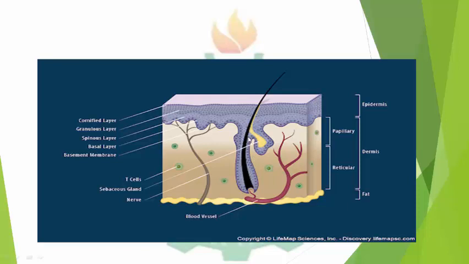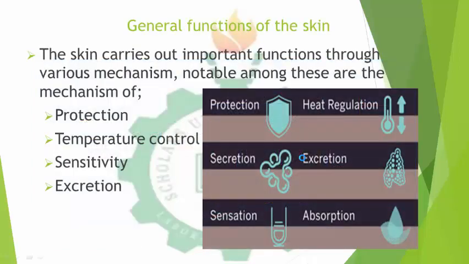You have the hair follicle, you have the sebaceous gland. It is very close to the hair follicle and secretes its oil through the hair follicle. We also have the nerves, the nerve endings present there. We have the different other things that are present in the nerve cells.